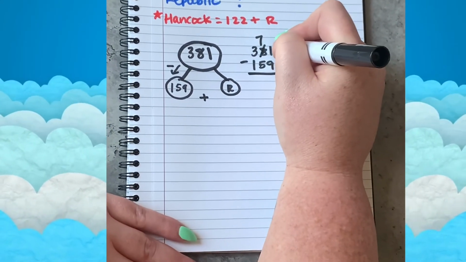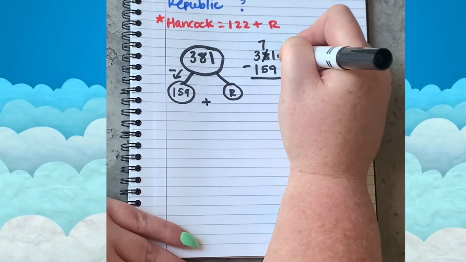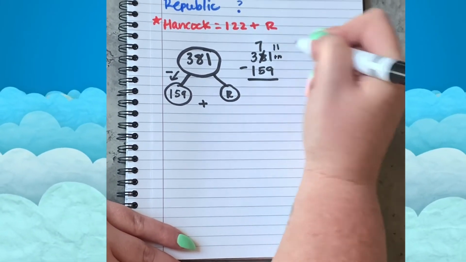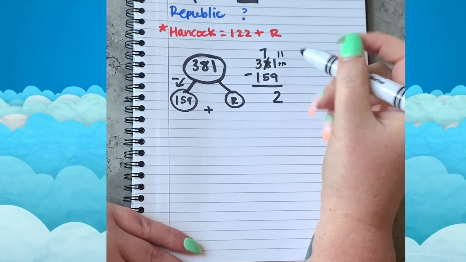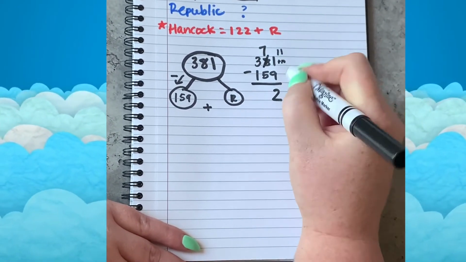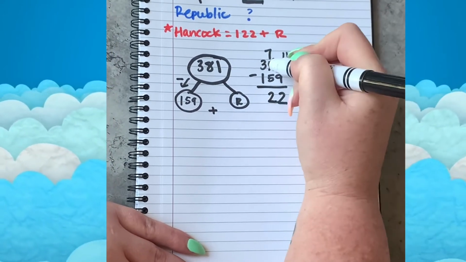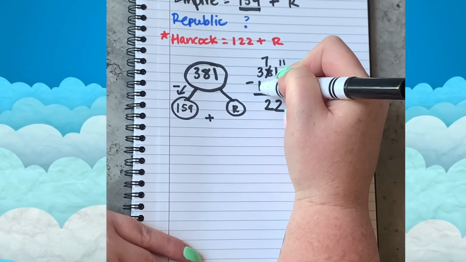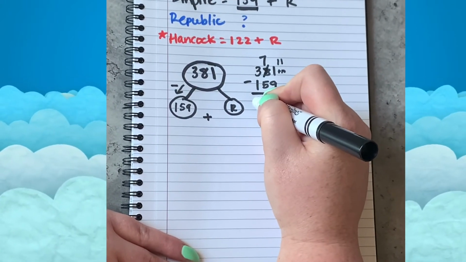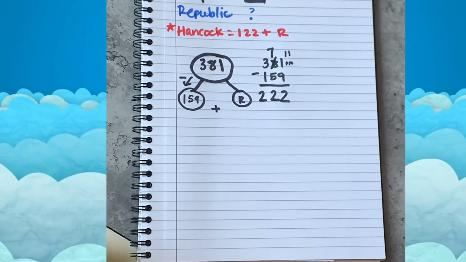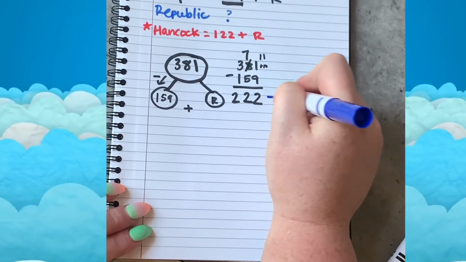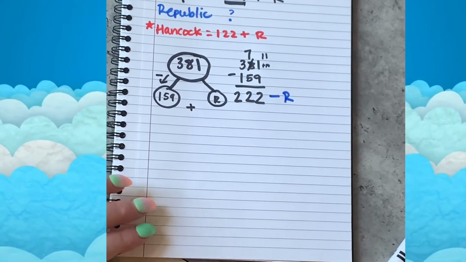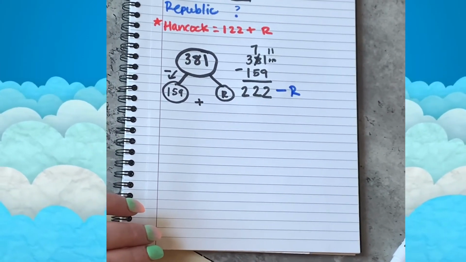I put my 10 back down here, and I have 11. 11 minus 9 is 2. 7 tens minus 5 tens is 2 tens, and 3 hundreds minus 100 is 200. So this means that the Republic Building equals 222 meters.